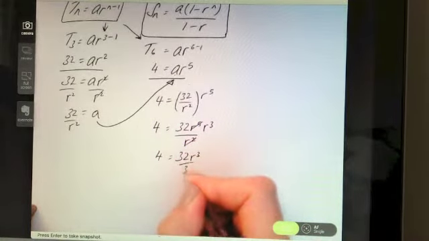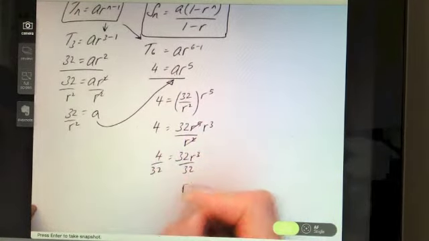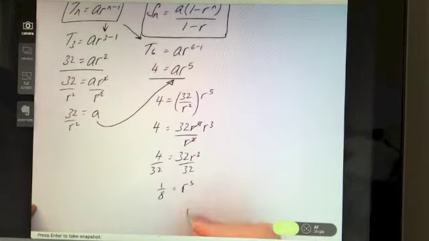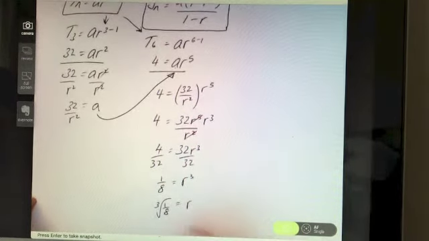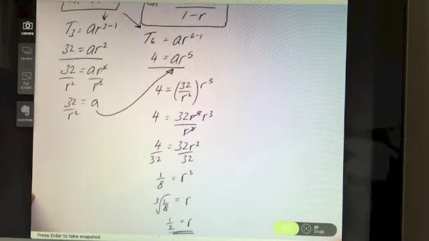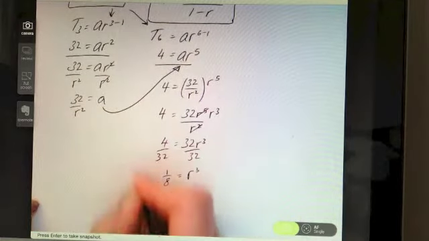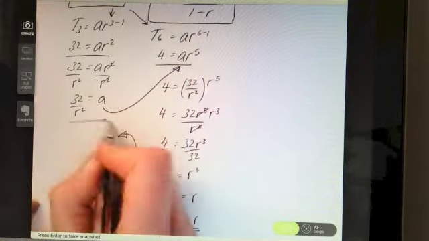Now I can divide both sides by 32, and I'm left with r cubed is equal to 1 over 8, and therefore r is equal to the cube root of 1 over 8, which works out to be a half. So there my common ratio is a half. I'm going to come back then to this.